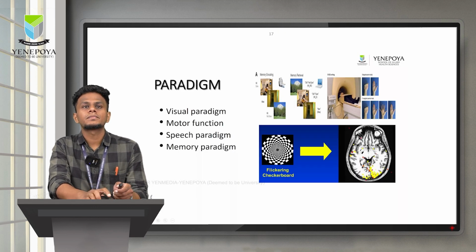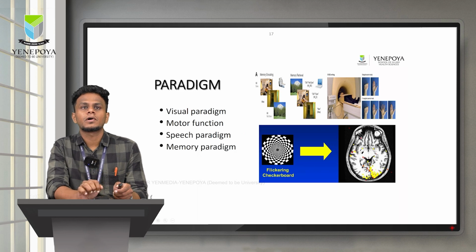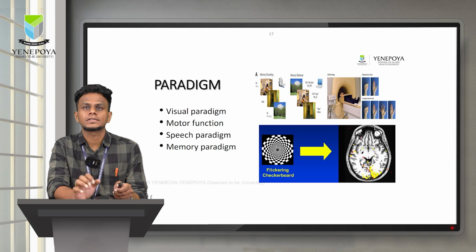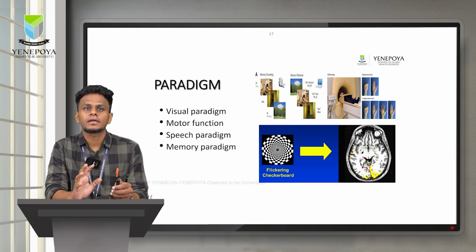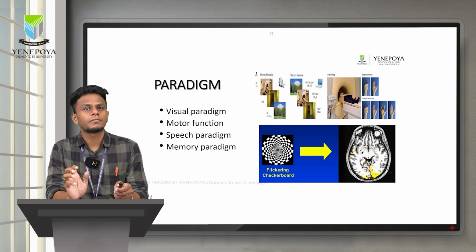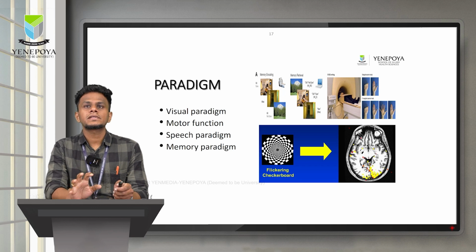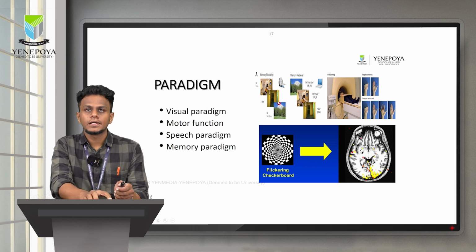What the patient is going to do as a task is called a paradigm. There are different types: visual paradigm, motor function, speech paradigm, and memory paradigm. In the visual paradigm, they will display some objects like this.